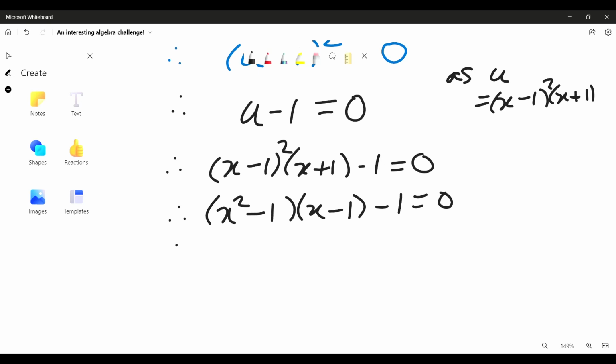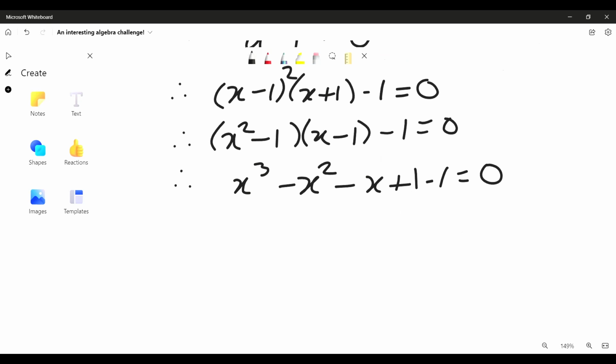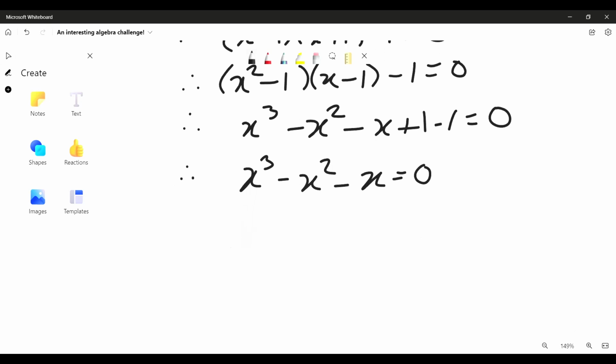If I expand this out, I get x cubed minus x squared minus x plus 1 minus 1 is equal to 0. We are dealing with a cubic, but this is very easy to solve because the plus 1 and minus 1 go away, and if we take the x out, it's again a quadratic, which you can quickly solve.